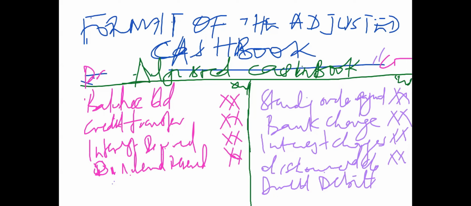And what we are going to do is indicate the errors on both sides, because errors can be made on the debit side or on the credit side of the cash book. So we are just going to put errors made. Even here I also put errors made.